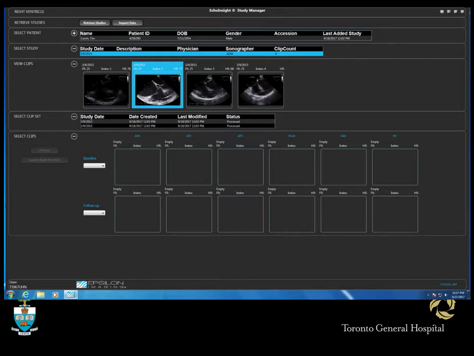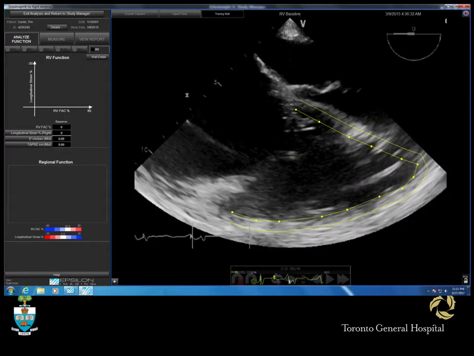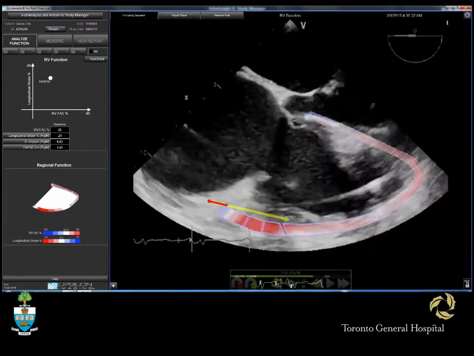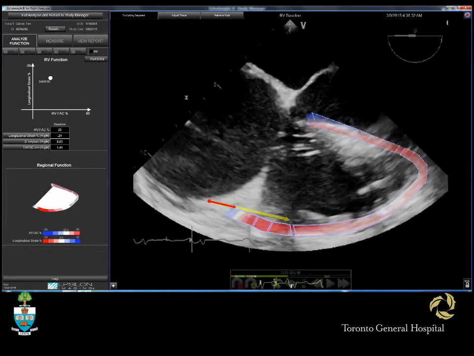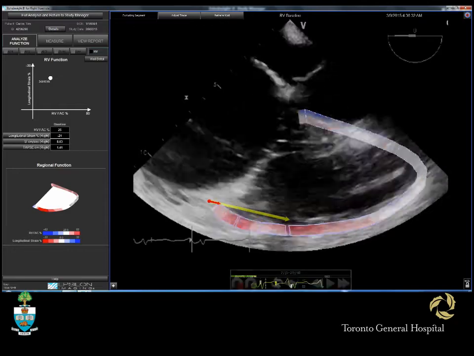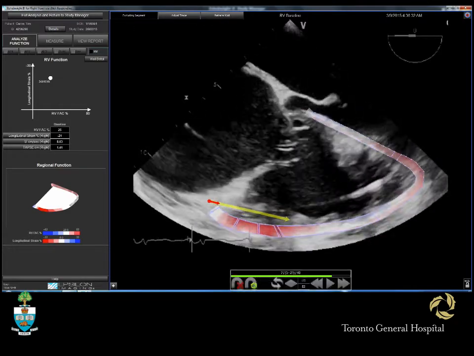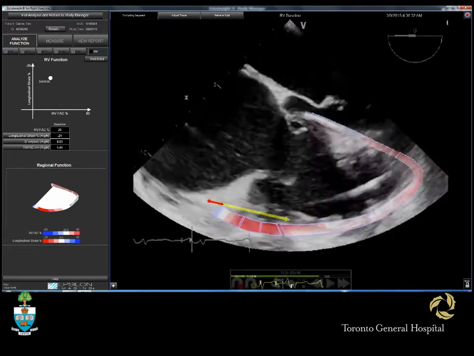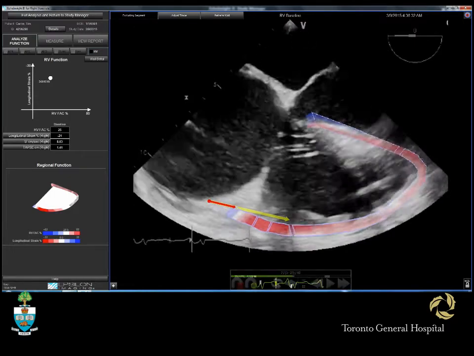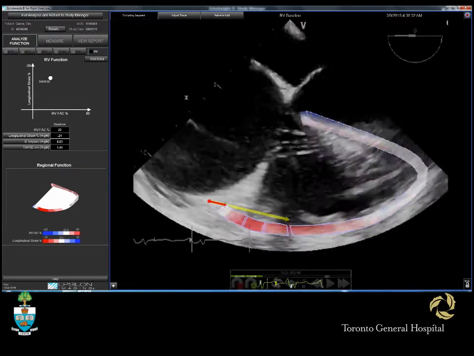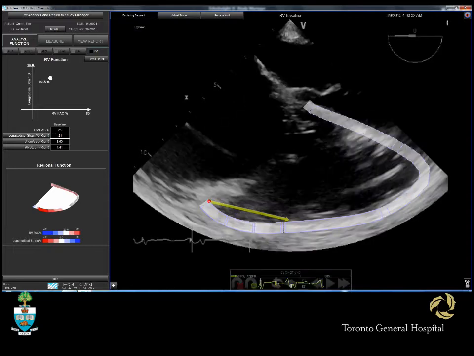So you can take any patients that you have on your server, as long as you have a good enough 4-chamber view, you can put it into this software, and it's going to do a strain of the free wall. It also calculates automatically your fractional area change, TAPSE, based on tissue tracking, and this red arrow that you can see here measures the S prime.